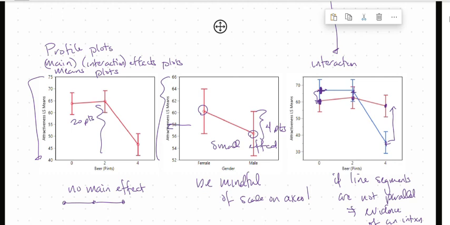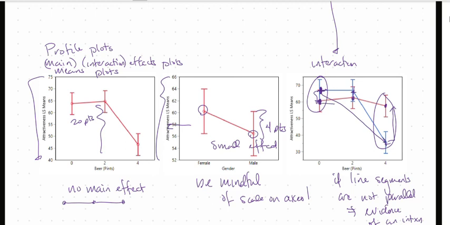And so, for example, we saw that B23, the interaction effect between comparing the 0 group to group 4, this change for males was not the same as this change for females.